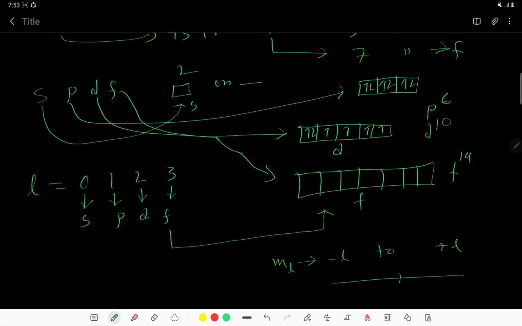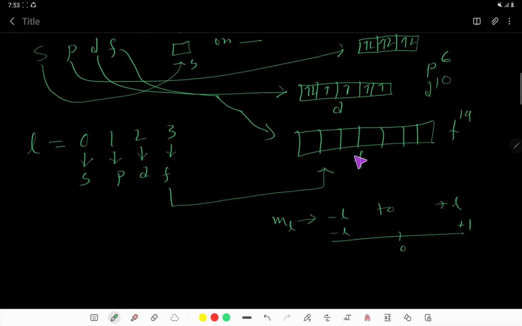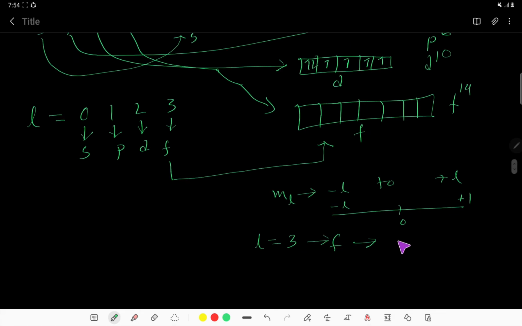So for the f subshell, L equals 3, and we know f has 7 orbitals. So the magnetic quantum number ranges from -L to +L, that is, from -3 to +3.